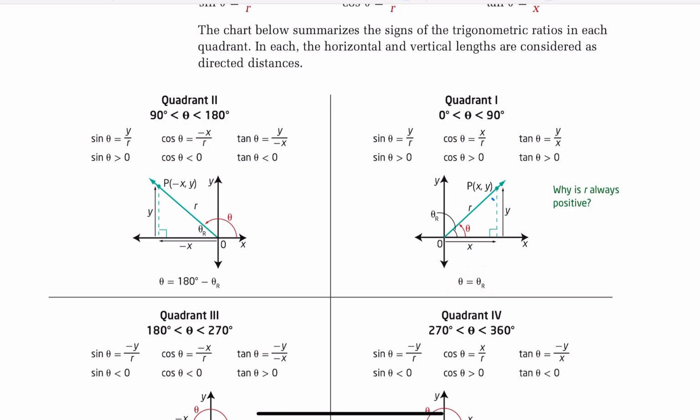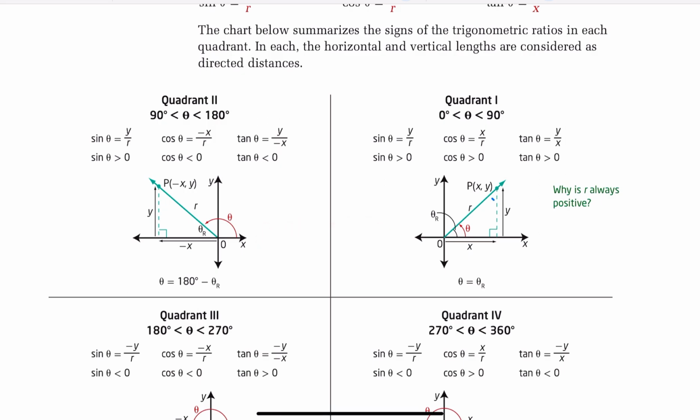For the same angle in the second quadrant, as I said before, it will have the same reference angle but a different angle which is bigger than 90 degrees.